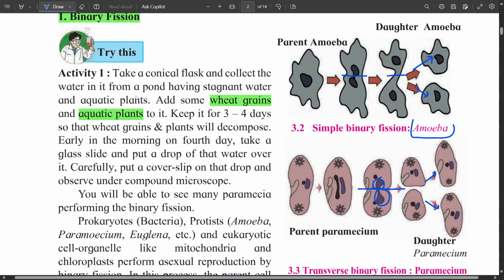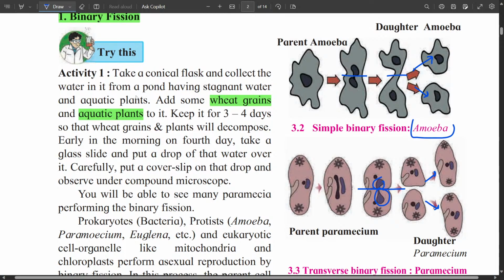Now there is a very interesting thing about this binary fission: after the formation of the daughter cells, the parent cell doesn't exist, or you can say that the parent cell exists in the form of daughter cells. So this doesn't occur in sexual reproduction. After giving birth to a new generation, the parent also continues its life.